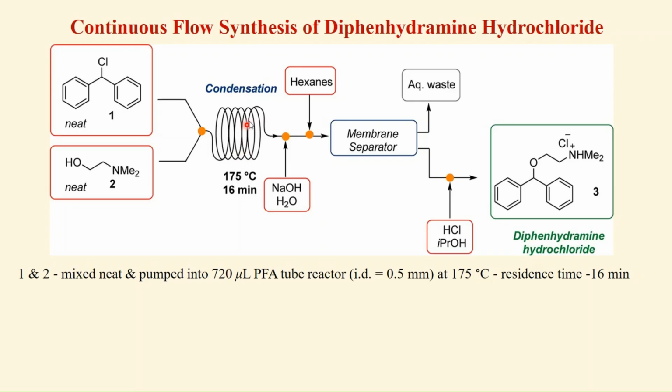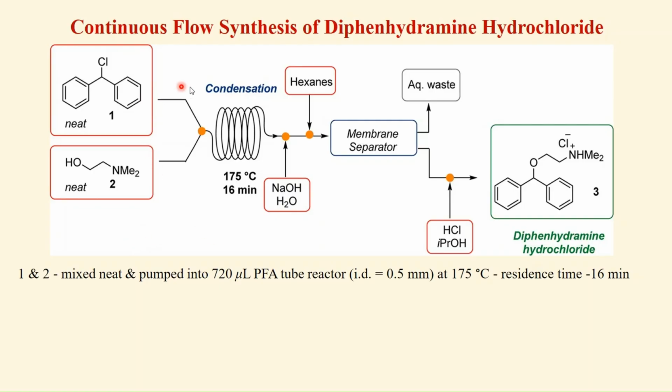During the passage of these reactants through this perfluoroalkoxy tube reactor at 175 degrees centigrade, the reaction completes in 16 minutes. The residence time for the reaction is 16 minutes. The OH lone pair of electrons attacks the electron deficient carbon of the diphenylmethane derivative, and chlorine gets kicked off, which separates as HCl, a byproduct.